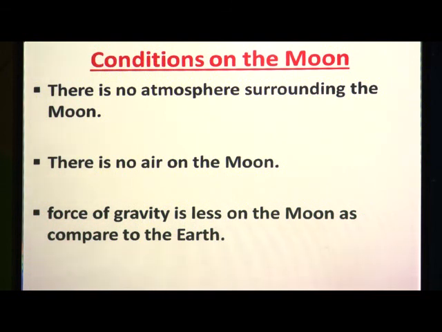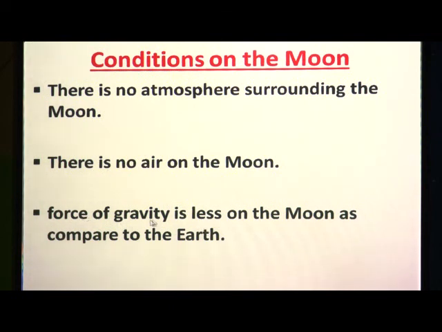If you shout or talk on the moon, nobody can hear you, because sound travels in air and there is no air on the moon.